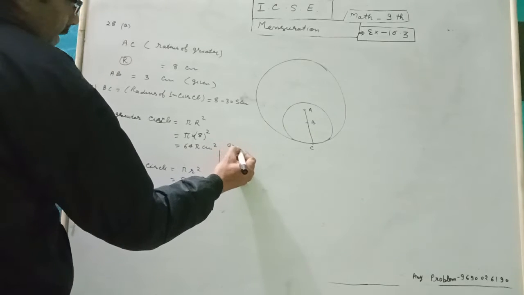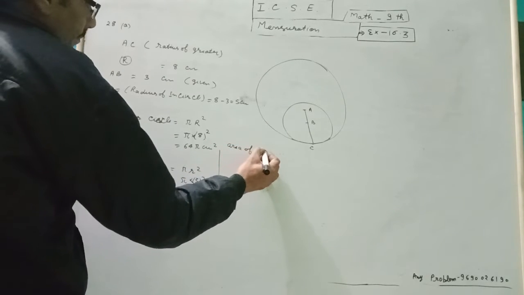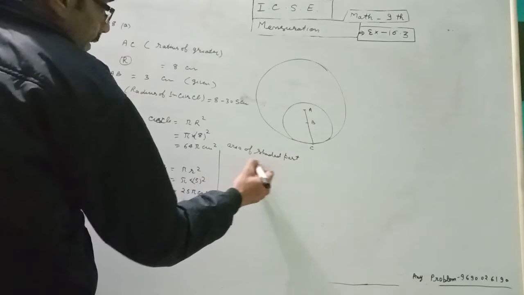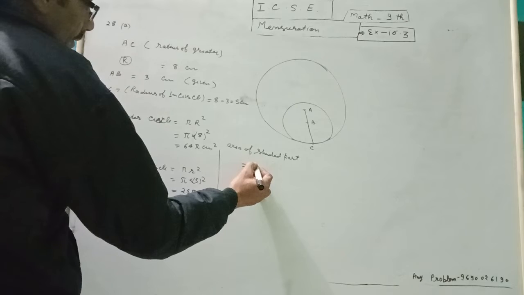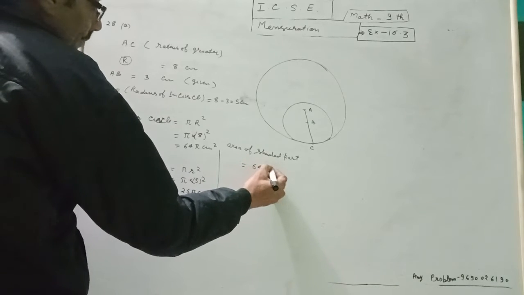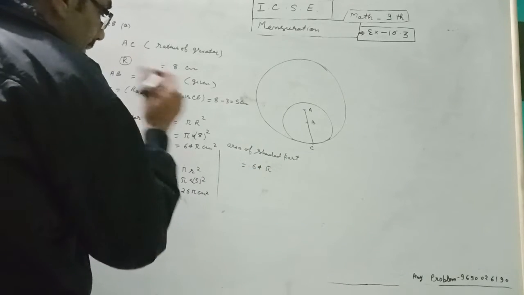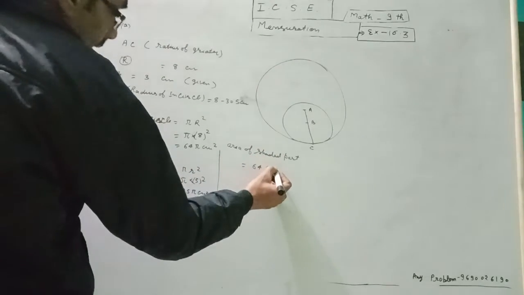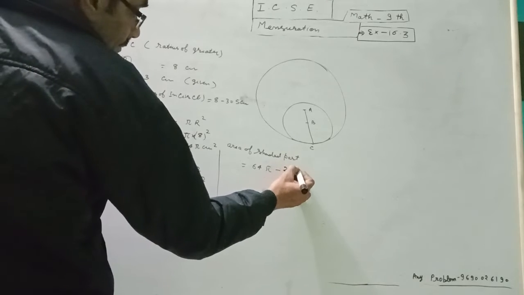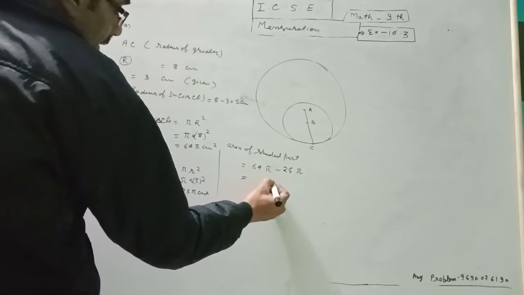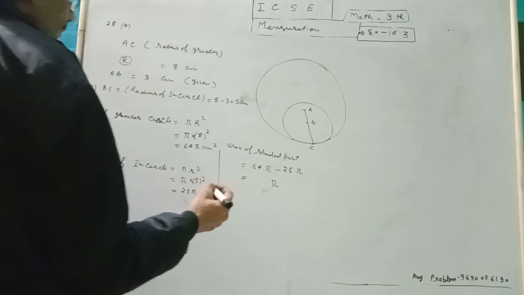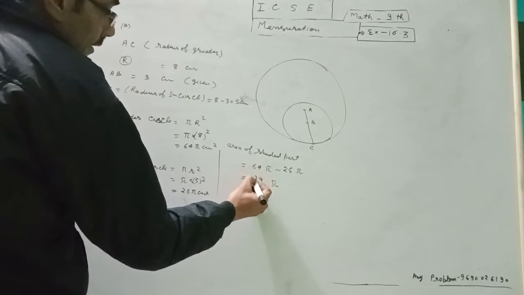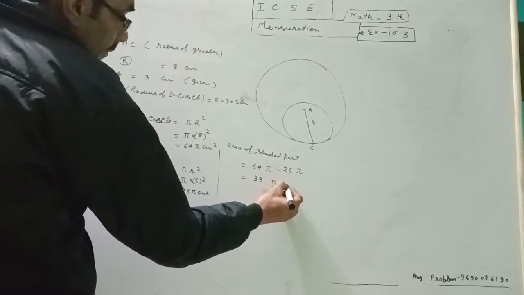Then area of the shaded part is equal to 64 pi minus 25 pi. After minus, 39 pi centimeter square.